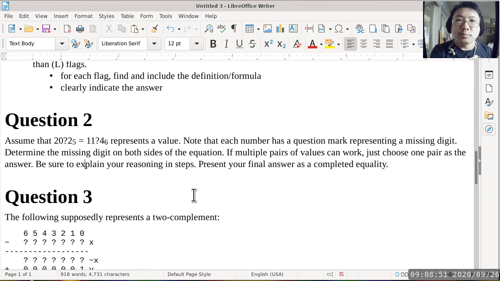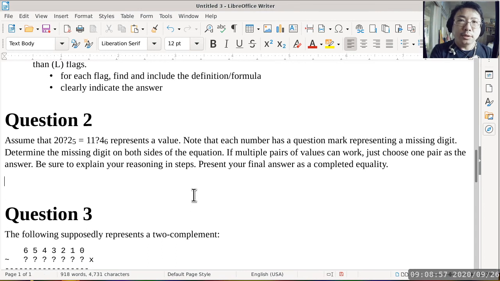So in this particular question number 2, let's work out the values of each side of the equation. So on the left-hand side, we have 2 times 5 to the power of 0 plus question mark. We'll call the question mark x, okay?